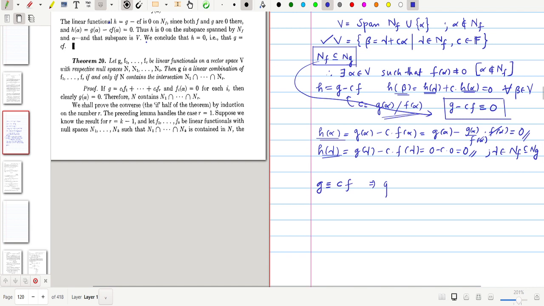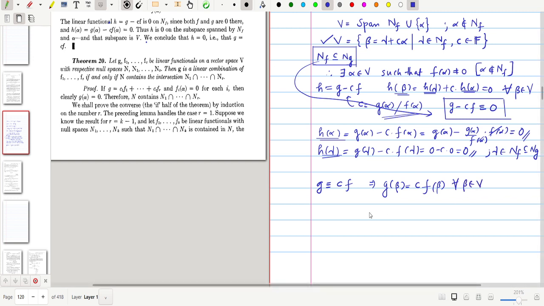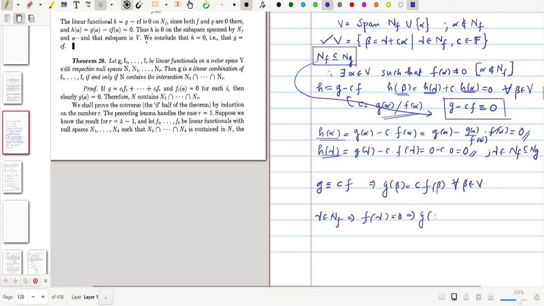this means G of any beta can be written as C times F of beta for all beta belongs to V. So we assume an element gamma from NF, which implies that F of gamma equal to 0, which implies G of gamma equal to C times F of gamma, that is C times 0, that is equal to 0.